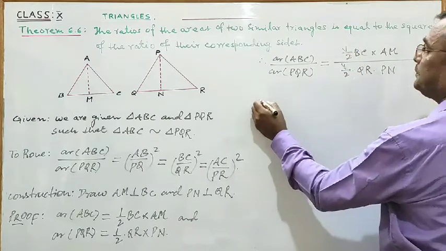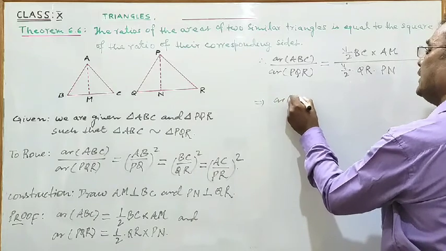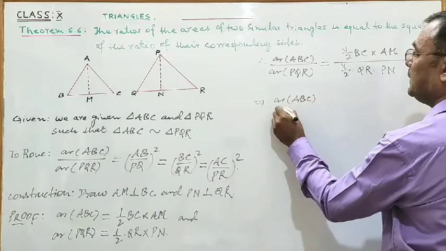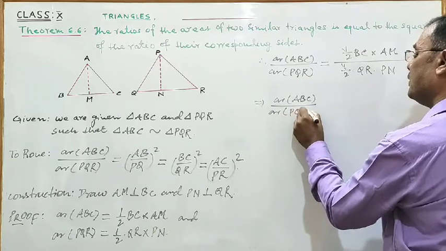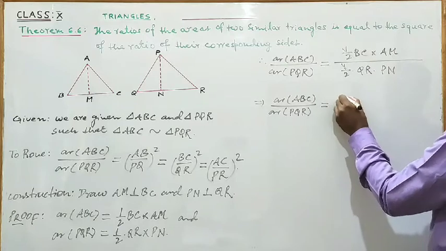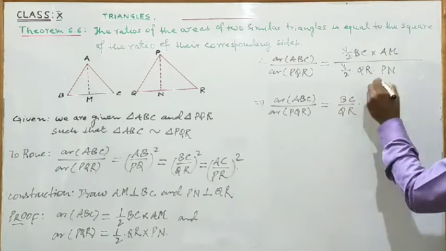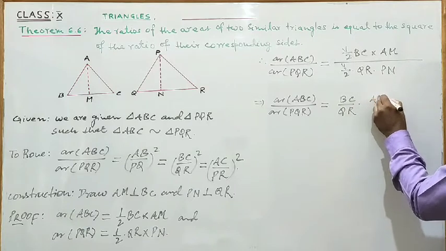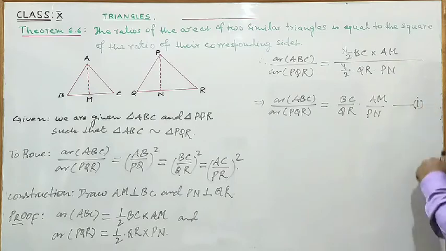Half cancel, and this implies area of triangle ABC by area of triangle PQR is equal to BC by QR into AM by PN, and let it be number 1.